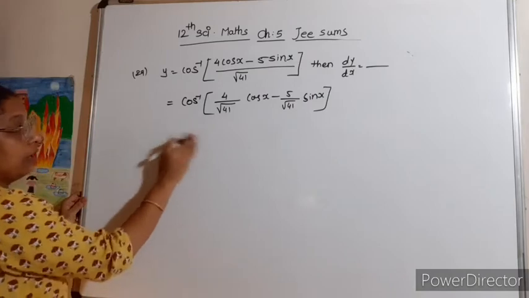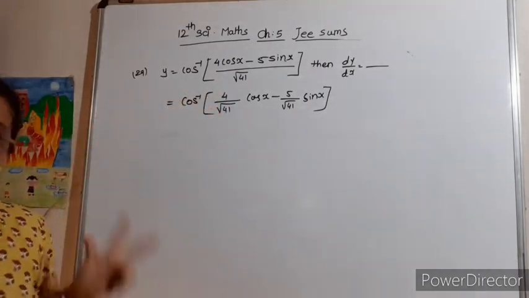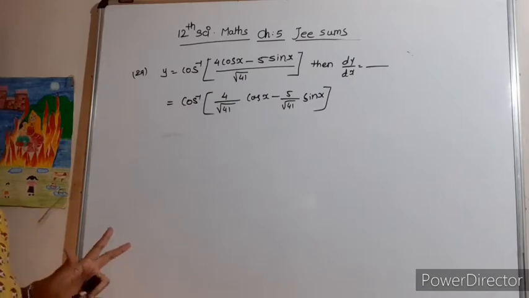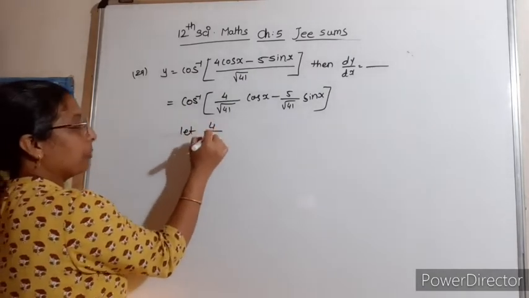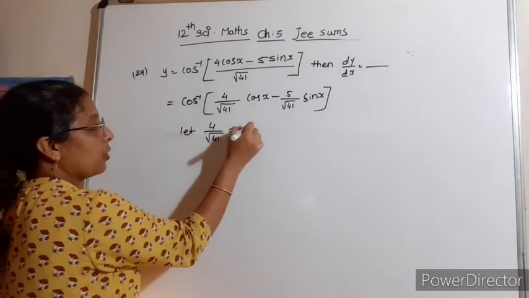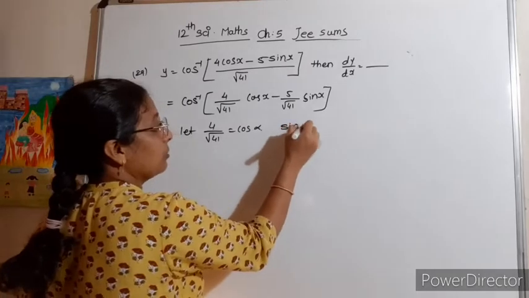Yes. Now, if I take this as, suppose, cos alpha, right? अगर मैं 4 by root 41 को cos alpha लेती हूँ तो sin alpha क्या हो जाएगा?